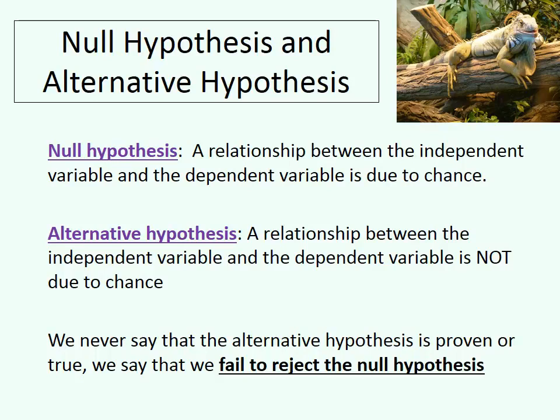In other words, there is not really a true relationship between the independent and the dependent variables. And secondly, the alternative hypothesis, which states that the relationship between an independent variable and a dependent variable is not due to chance. In other words, there really is a true relationship between the independent and the dependent variables.